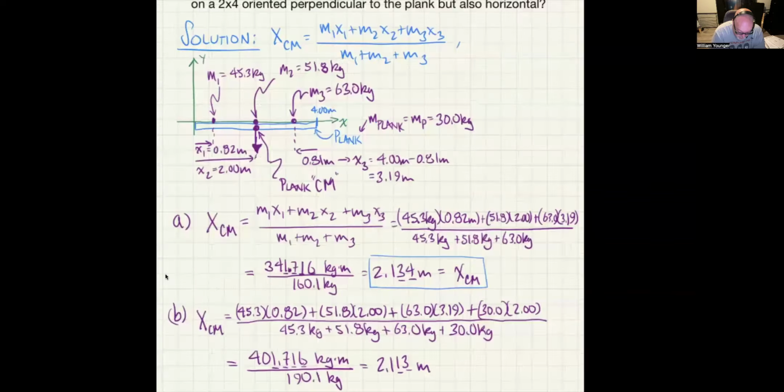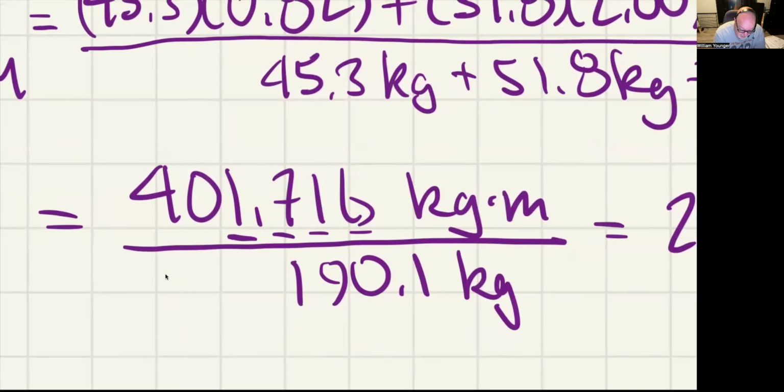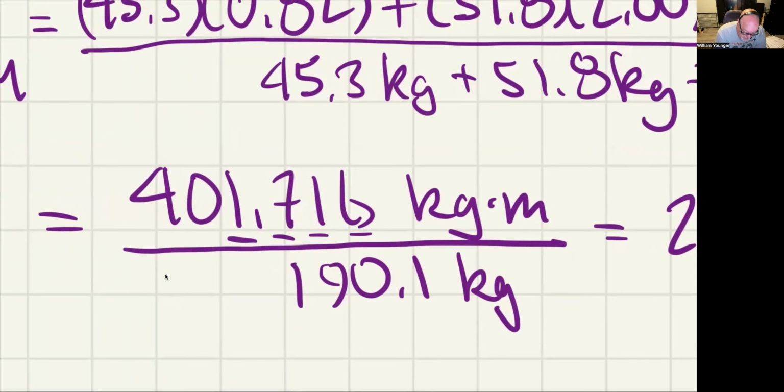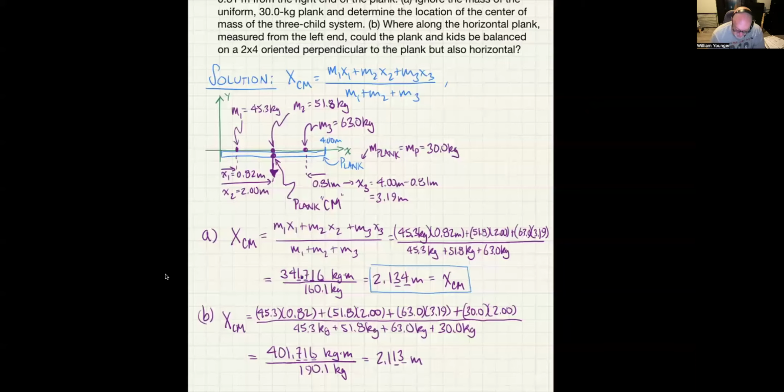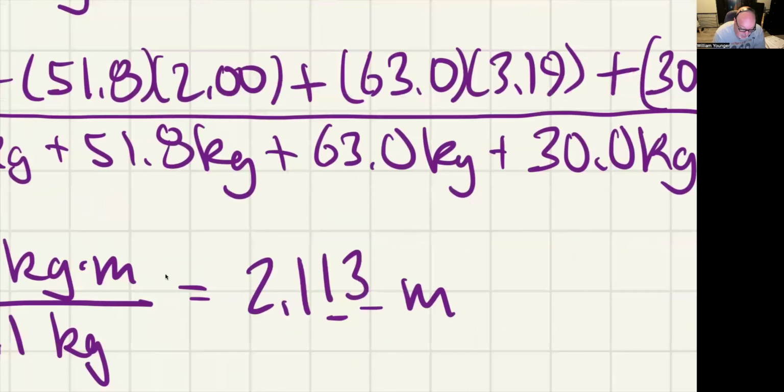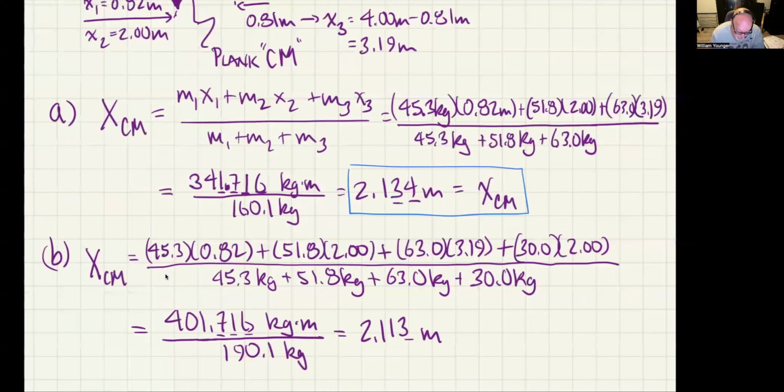the 401.716 is actually not supposed to have that as a non-significant figure. That's actually supposed to be a significant figure for the same reason we discussed a second ago. So again, I apologize for making this mess, but that's also going to give me one extra sig fig here, and that's good.